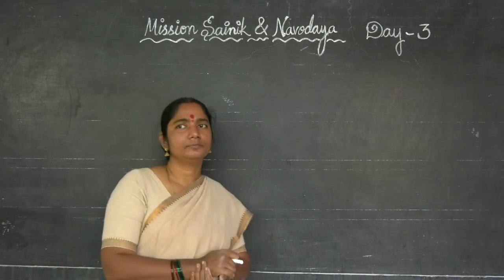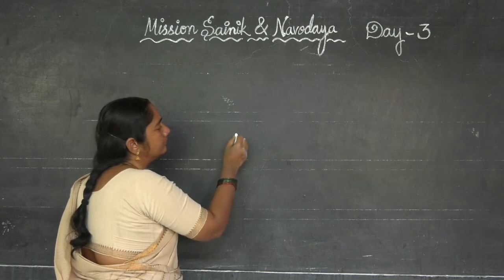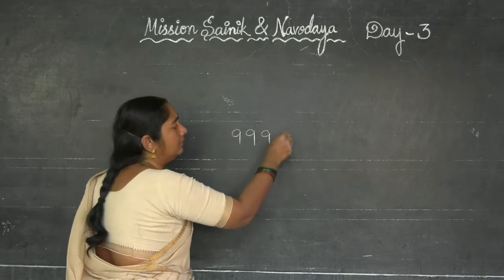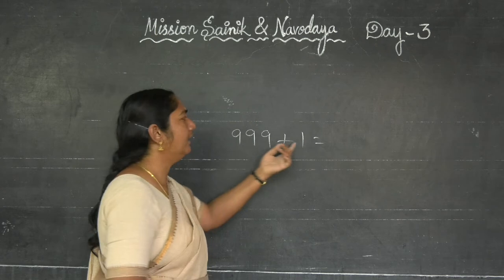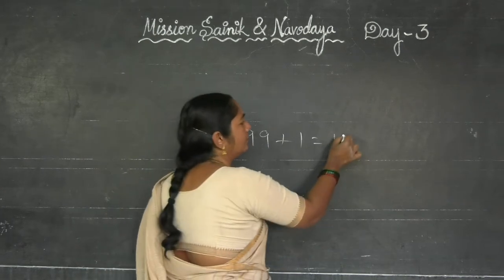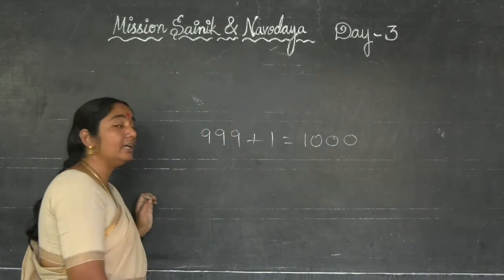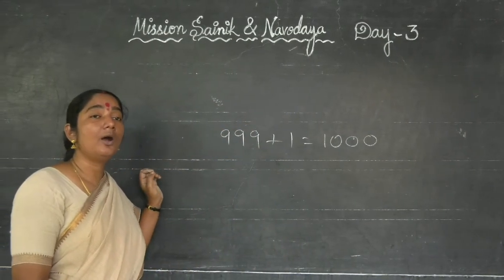Madam, next. When we add 1 to the 3-digit greatest number, we get. We are adding 1 to the 3-digit greatest number. What are we going to get? 1000. Here I request you to read the options also.